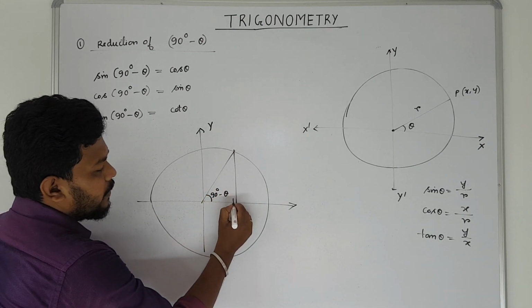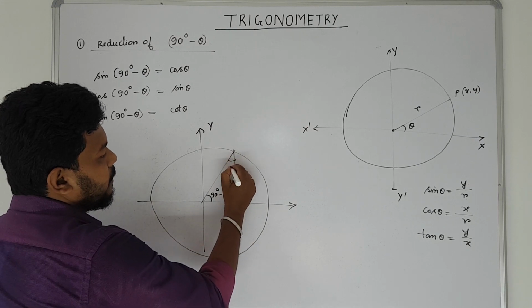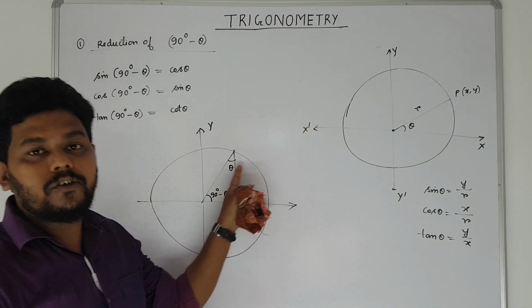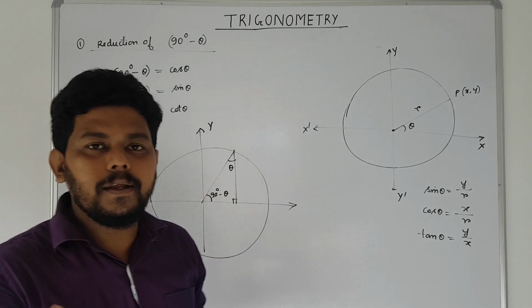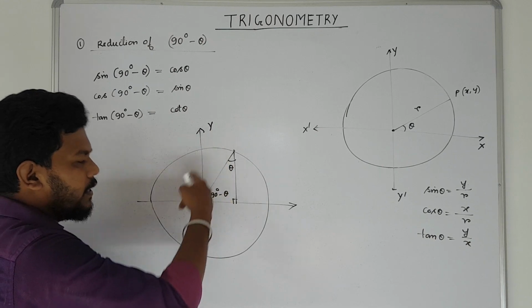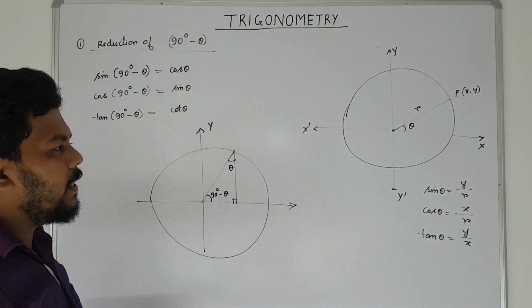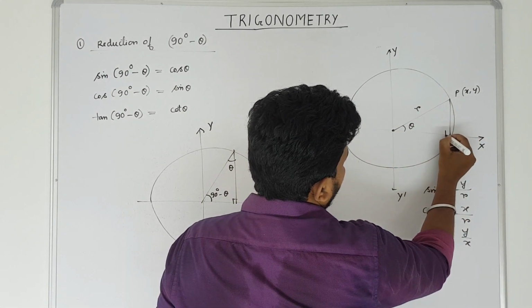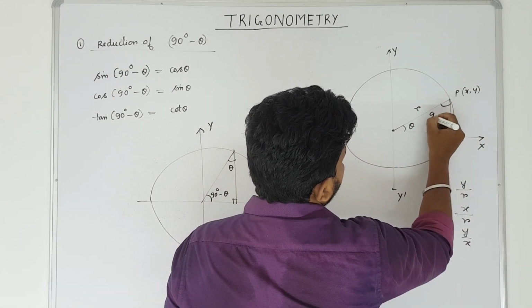This is right angle. This angle must be theta, because we know the sum of three angles in a triangle is equal to 180 degree. So if it is 90 degree, this is theta, this is 90 minus theta. If I find their sum, it will be equal to 180 degree. And for this triangle, this is theta, this is perpendicular, this is 90 minus theta.